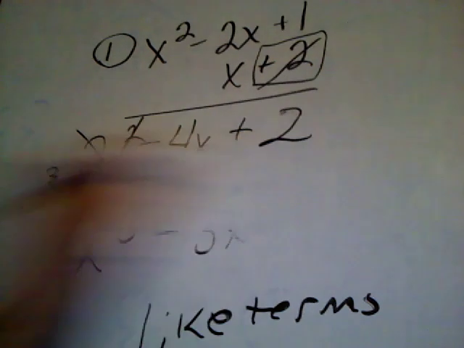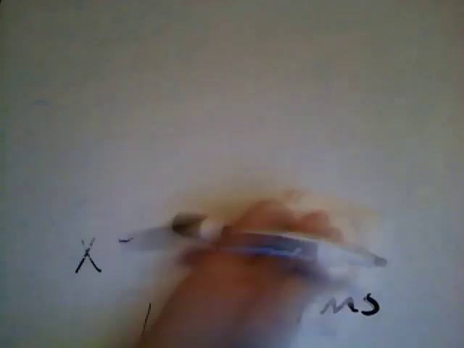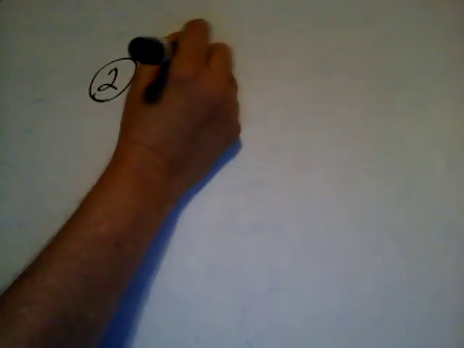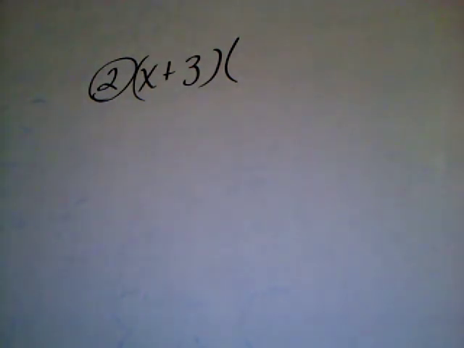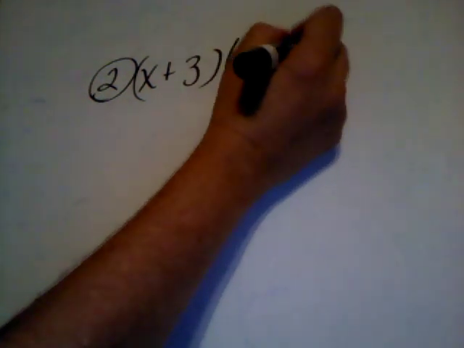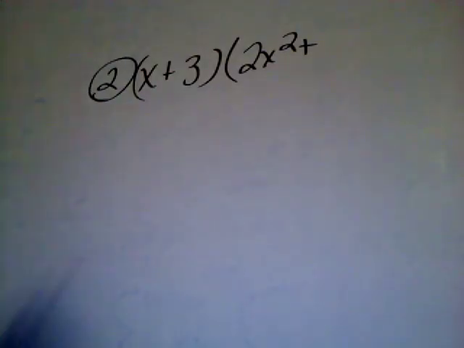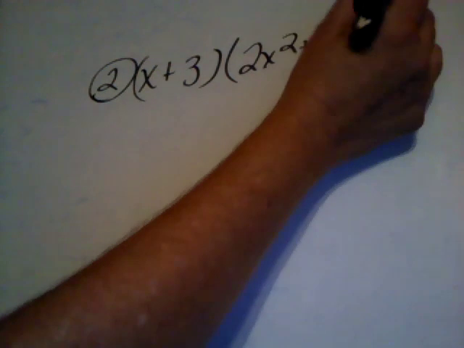Now, let's look at number 2, and instead of using the vertical method, I'm going to use the horizontal method. Number 2: x plus 3 times 2x squared plus x minus 3.